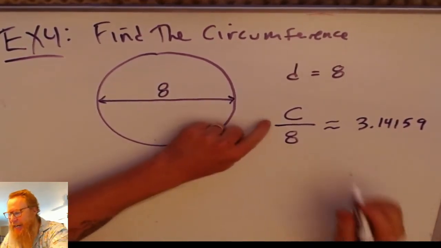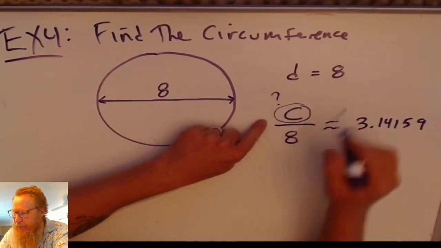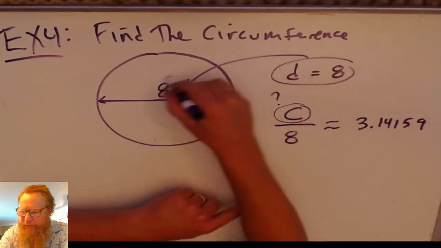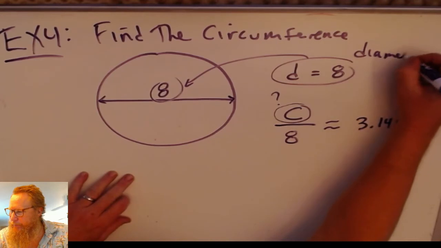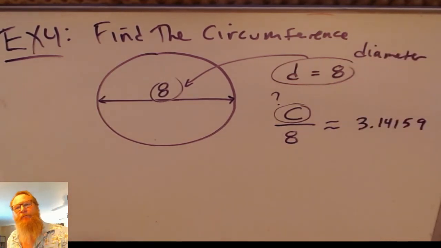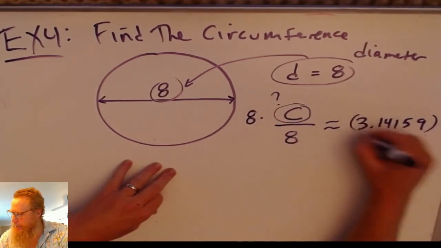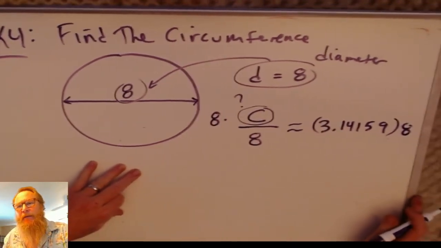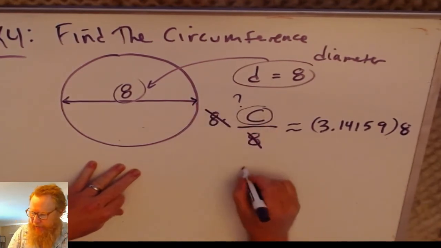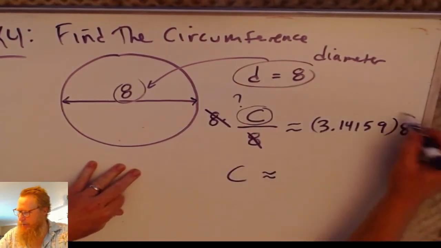So C is the unknown value. D is a known value. So we multiply both sides by 8, and that will tell us the circumference.